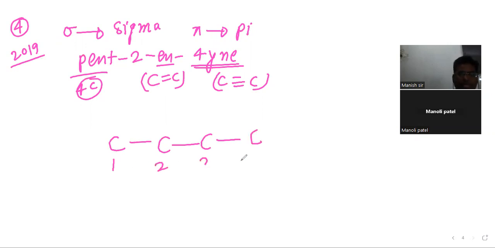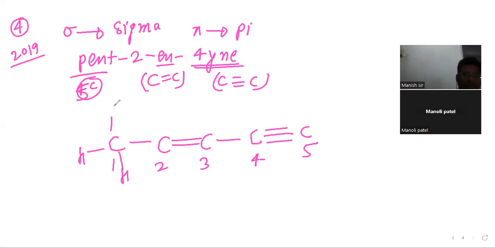So the second carbon will contain a double bond and the fourth will contain a triple bond, right? Pent means 5 carbons are there, so one carbon is missing; please add one more carbon. So this will contain the triple bond, right? And the rest will be hydrogen.